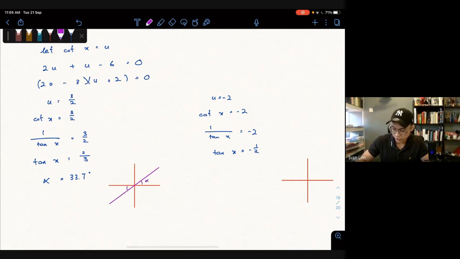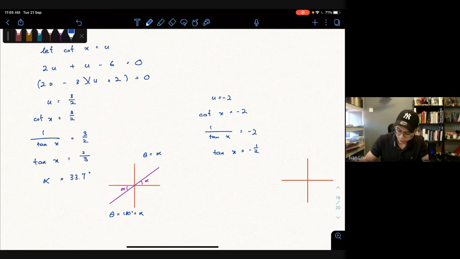And then your alpha is towards the x-axis. For the angle in the first quadrant, theta equals alpha. In the third quadrant, theta equals 180 degrees plus alpha.